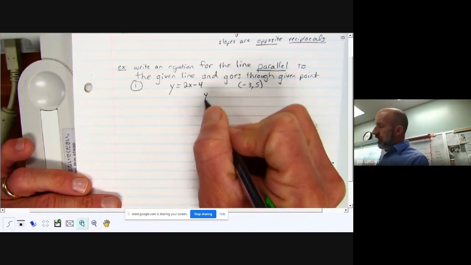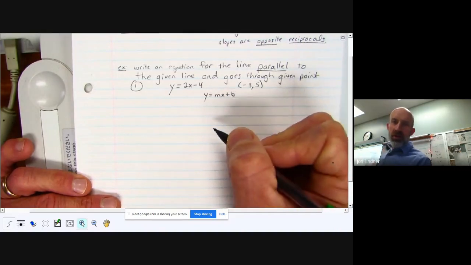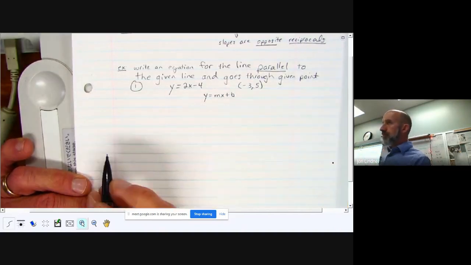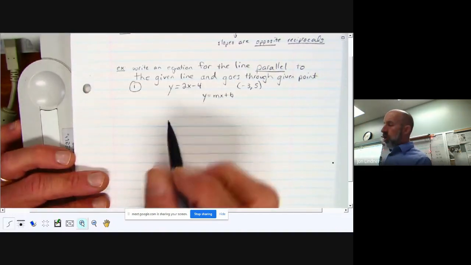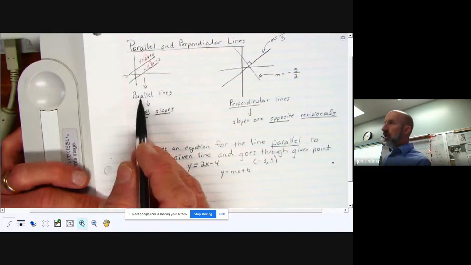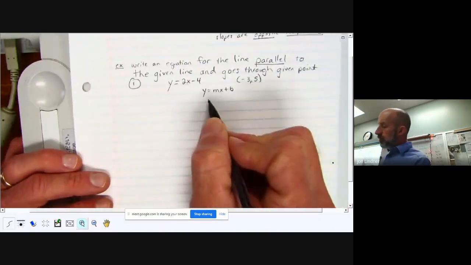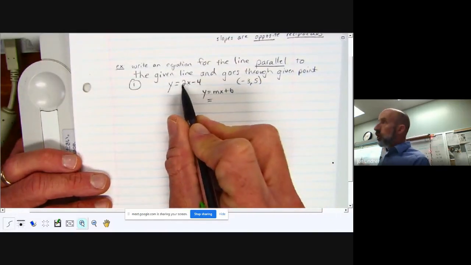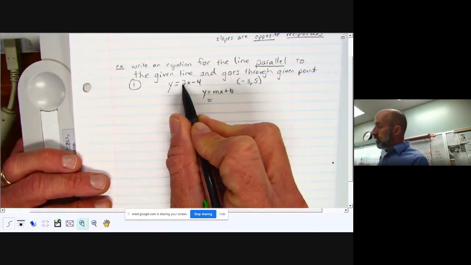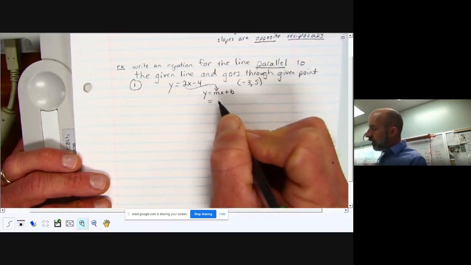So once again, our friend is going to be y equals mx plus b. And if two lines are parallel, then they have equal slopes. So guess what? The slope of my new line is the same as the slope of this original line. So I can put this 2 in right here.